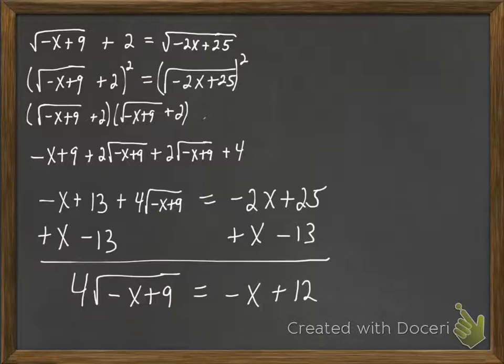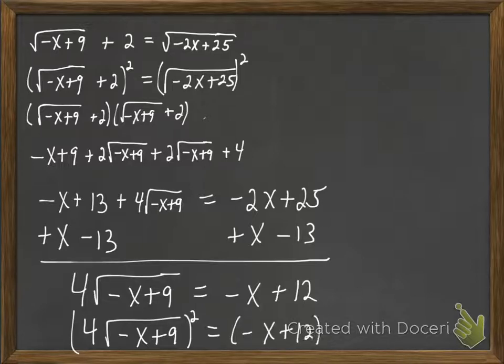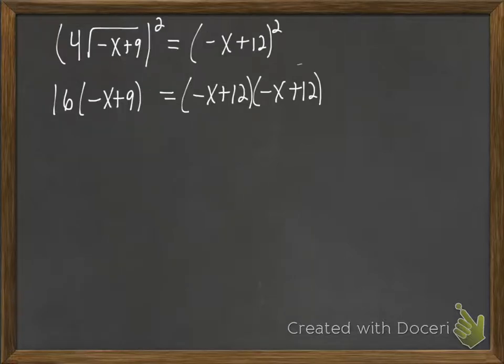And now that we have the radical by itself, the 4 with it doesn't matter because exponents will distribute over multiplication, so we can now proceed to square both sides again. Alright, so I've brought this over, squaring both of those things.